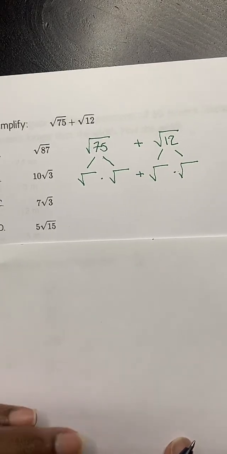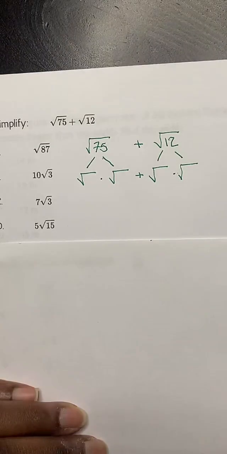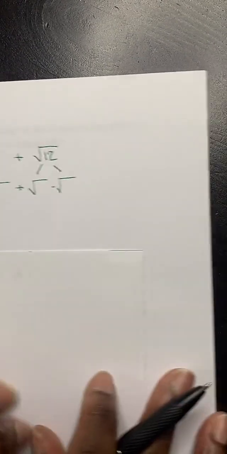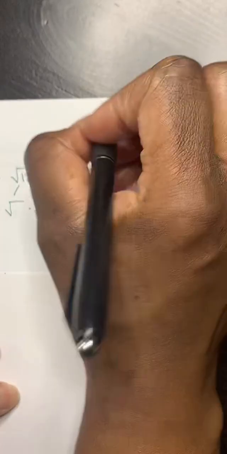Now, when you break these radicals down, you want to think of a perfect prime combination. So what I mean by perfect radicals, let me come over here.